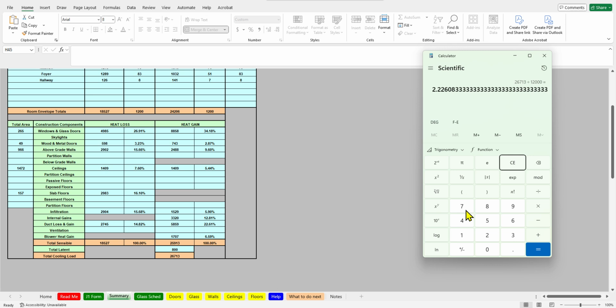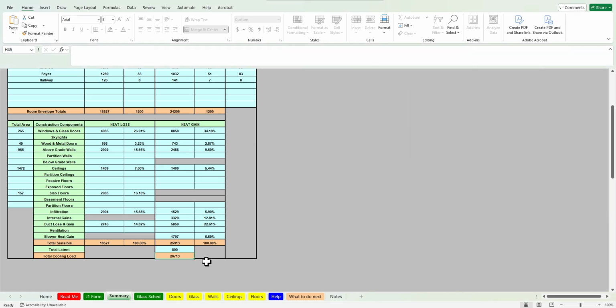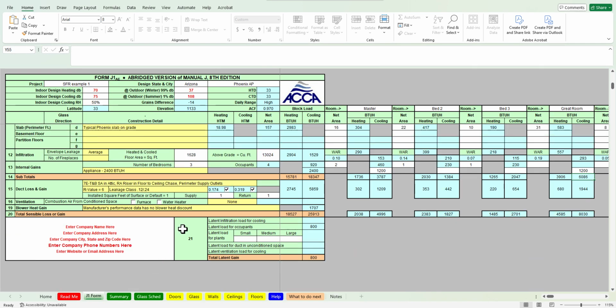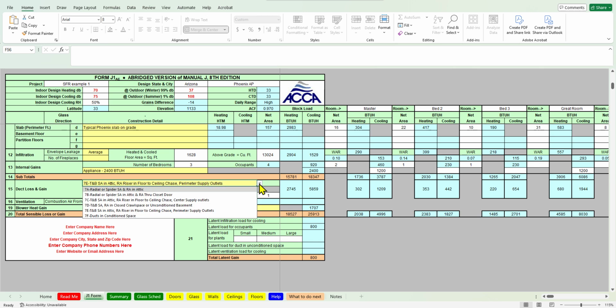Maybe I will do a Manual S video, and maybe I'll get into some more of these details that I really glossed over quickly. Again, these come straight out of the Manual J. You really got to be familiar with it, but just real quick, I'll say this basically is what kind of ducting is it and where is it? Is it in the attic? Is it in a crawl space?